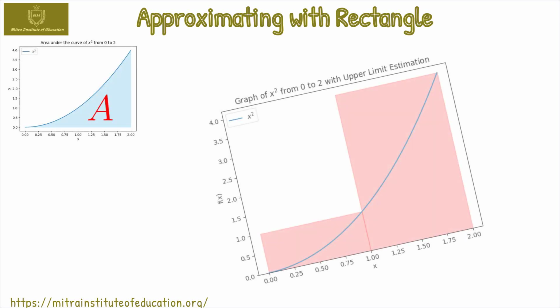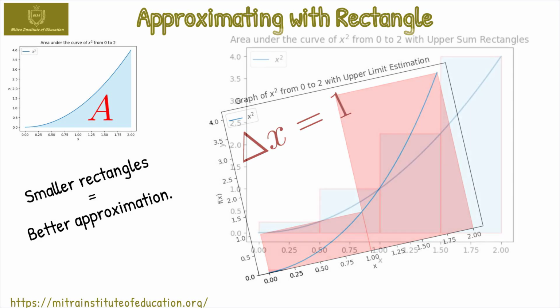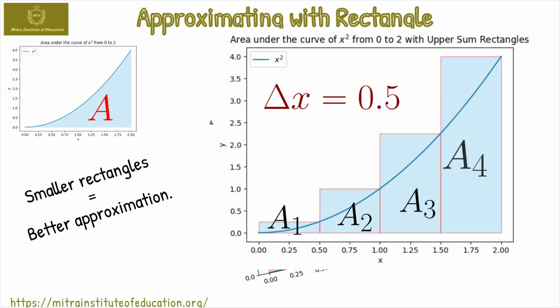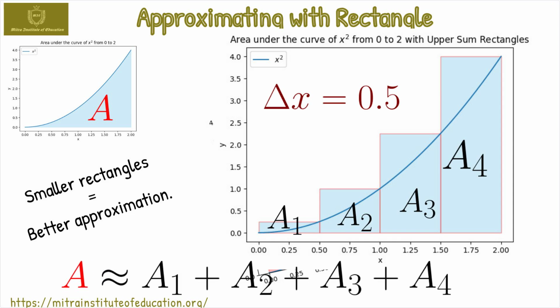To get a better approximation of the area, we can reduce this extra portion. How? By dividing the region into more rectangles with smaller widths. This approach makes the rectangles fit the curve more closely, reducing the overestimation.